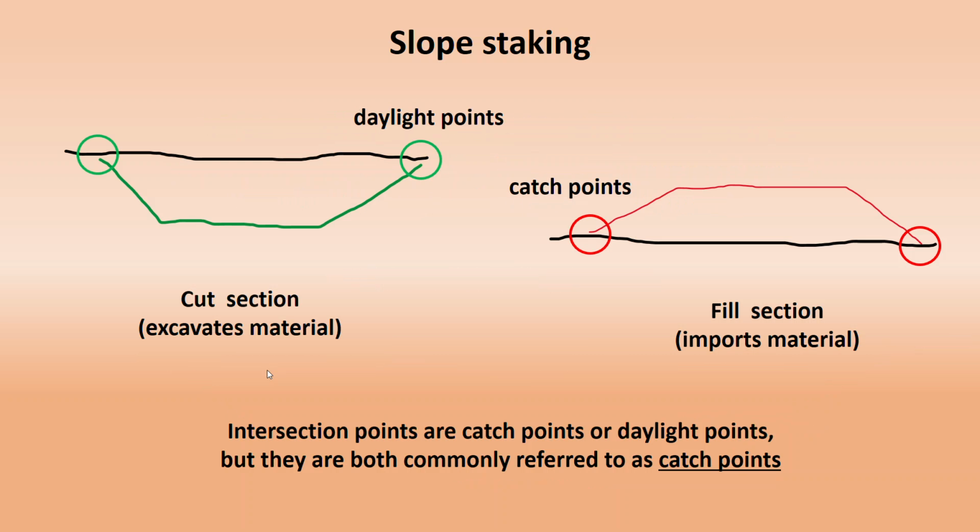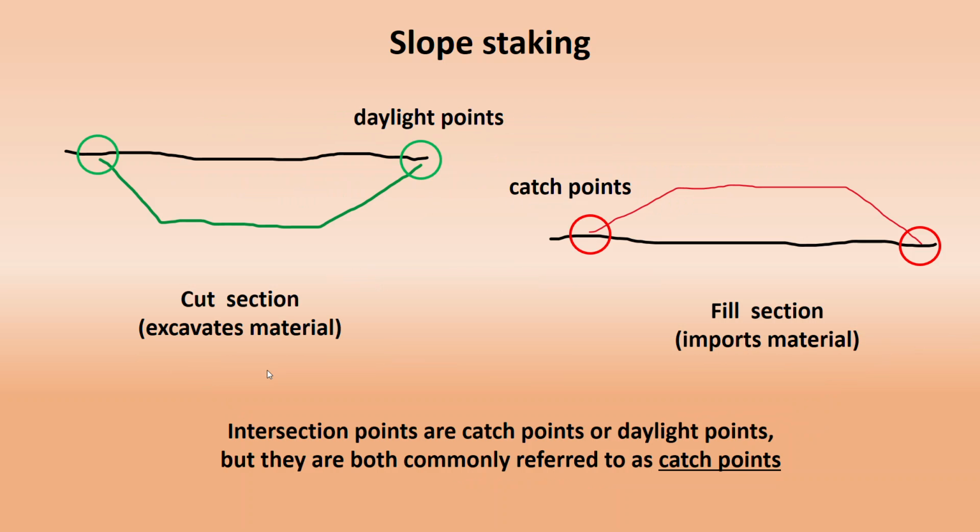So just a little bit of definition here in slope staking. Typically, everybody calls these points catch points. But catch points truly only apply to fill scenarios where your modified elevated surface comes down and catches the existing ground.